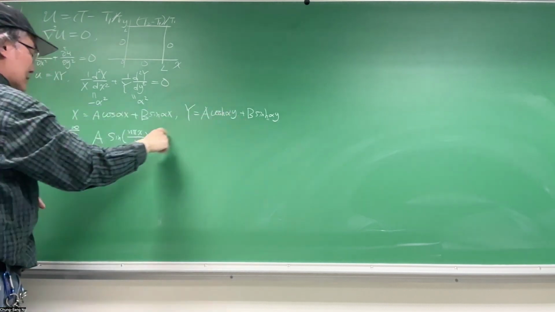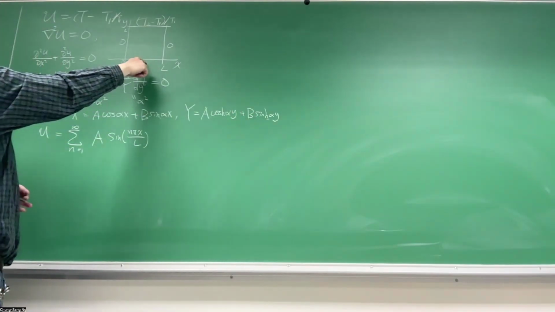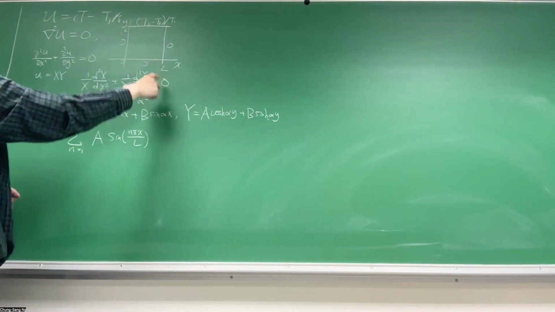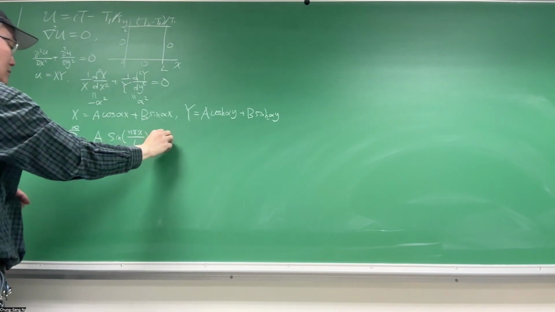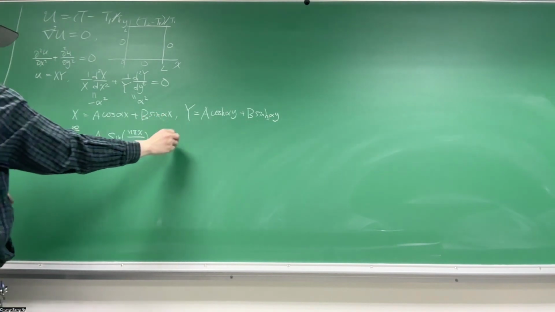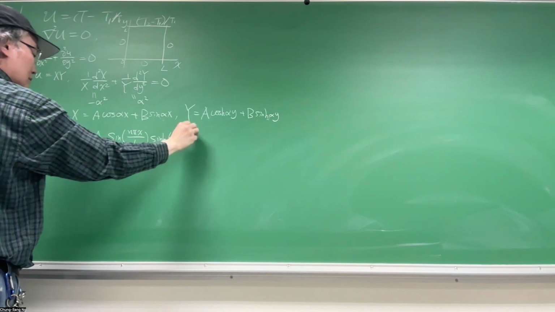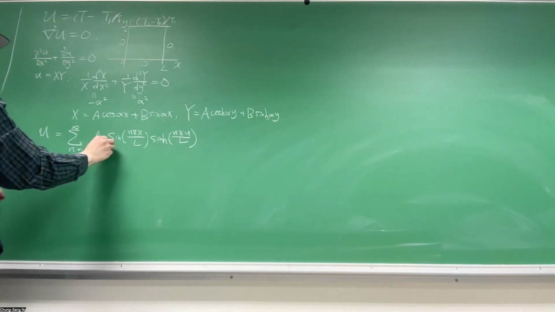And for the y solution, you want the sinh one because that will satisfy the lower boundary. Now you make sure that this alpha is the same as this alpha, so n pi y over L. The a will depend on n.